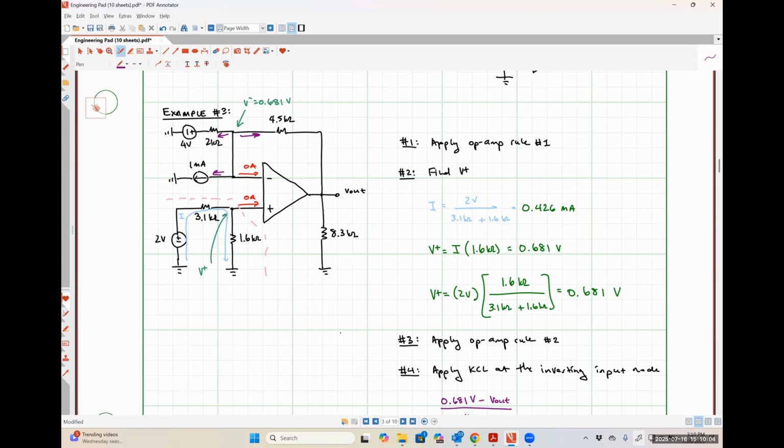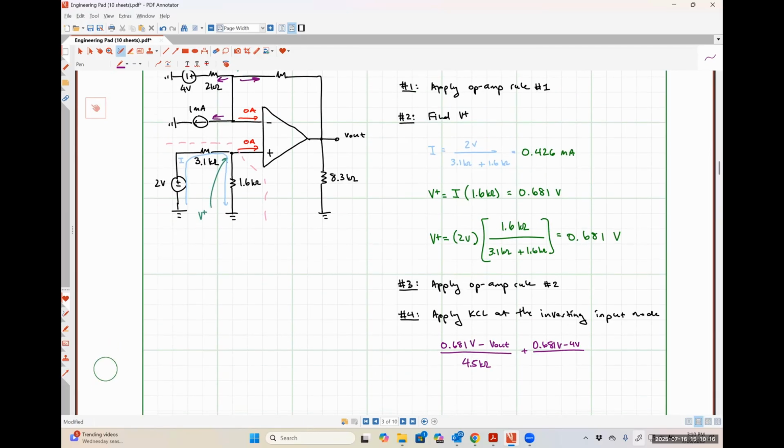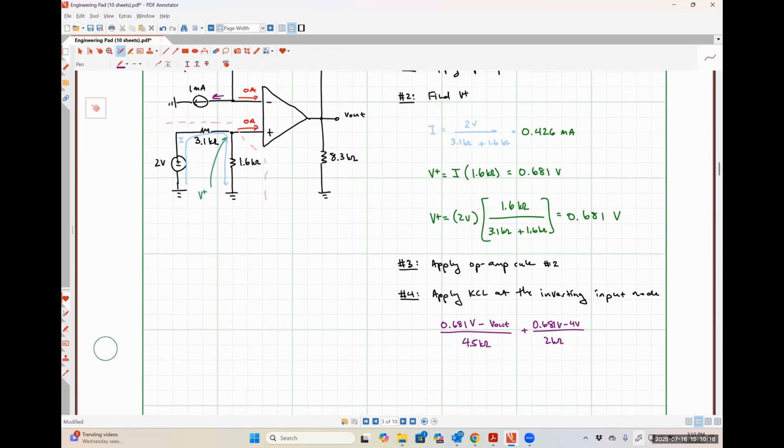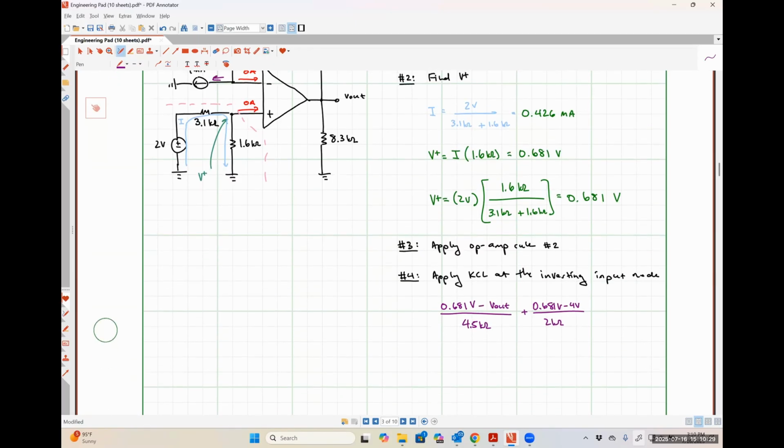Shouldn't that be 0.681 minus 4 over 2000 ohms? So 0.681 volts minus 4 volts over 2 kilo ohms. Okay. And then what about the current flowing to the left through the current source? It is just 1 milliamp.